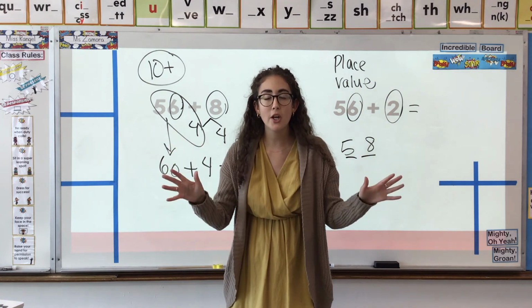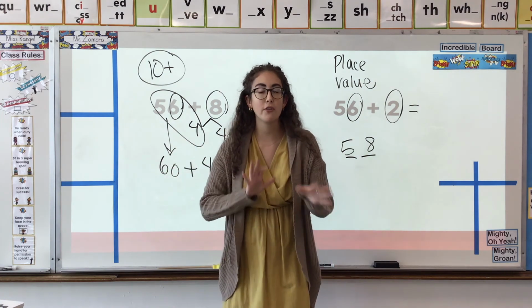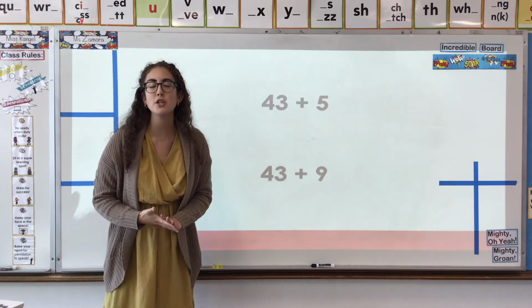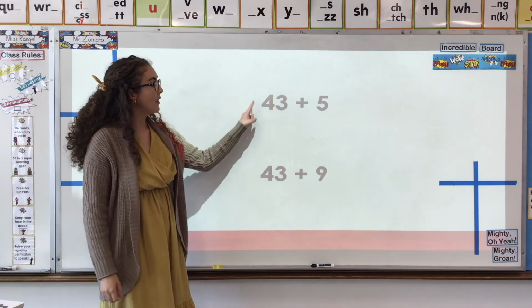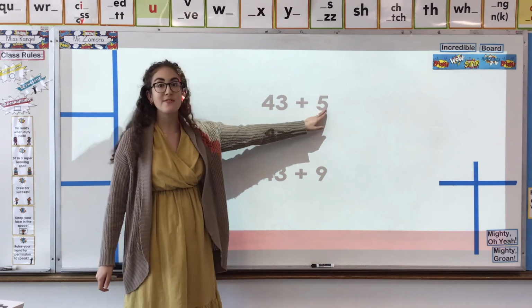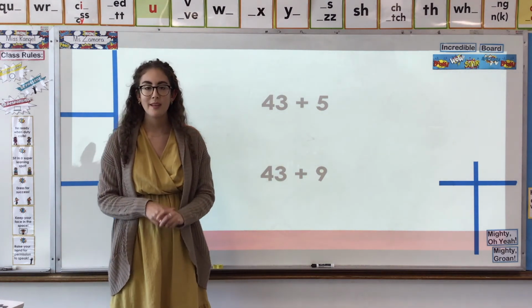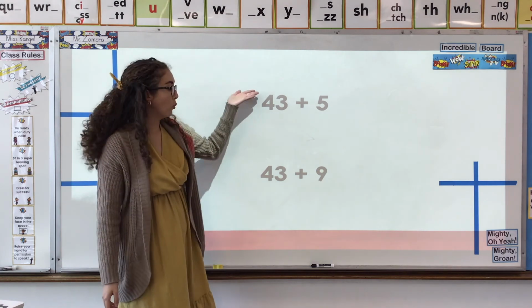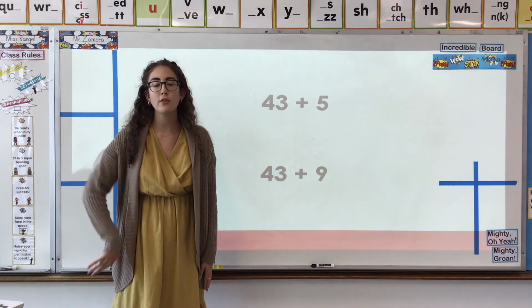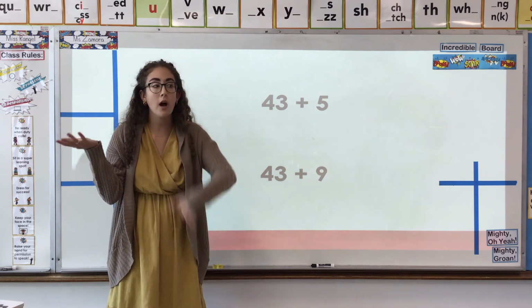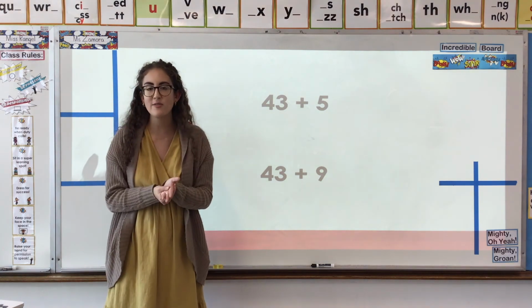So now it's going to be your turn on your own to look for those clues. Here are the two problems I need you to solve on your own. They are 43 plus 5 and 43 plus 9. But guess what? One of these problems you will solve with your place value, and one of these problems you will solve by using a 10 plus fact.